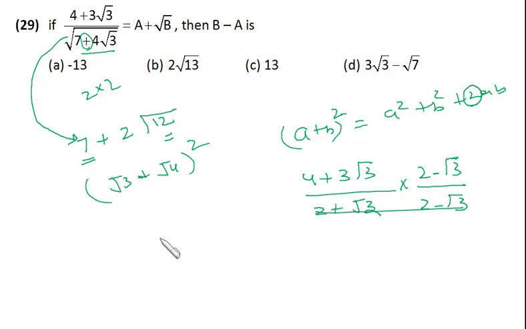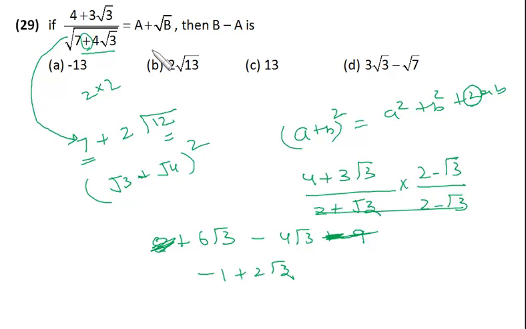Now 8 plus 6 root 3 minus 4 root 3, I'm sorry, 4 plus 6 root 3 minus 4 root 3, then minus 3 into 3, 9. Okay, so 8 minus 9, it is minus 1 plus 2 root 3.